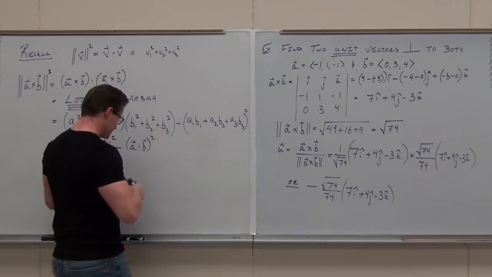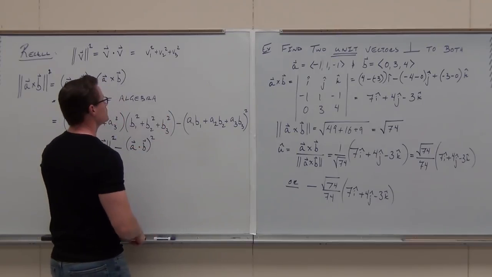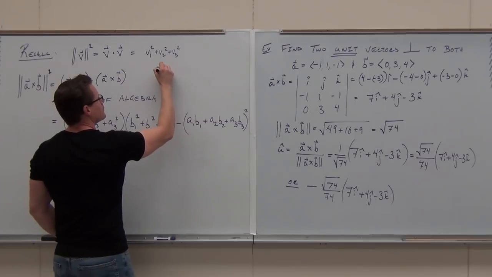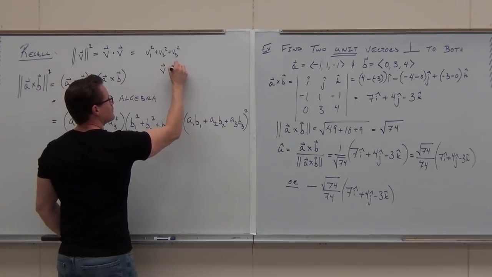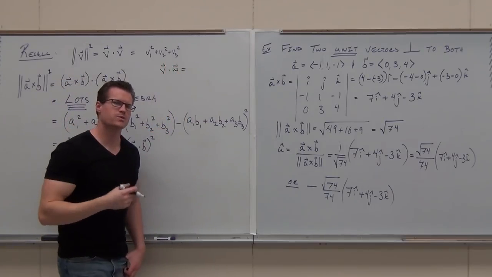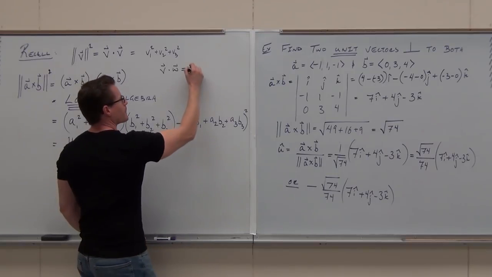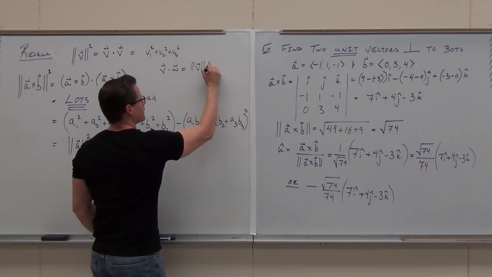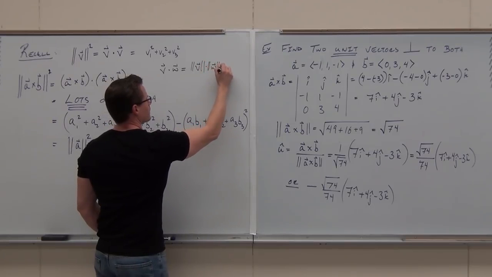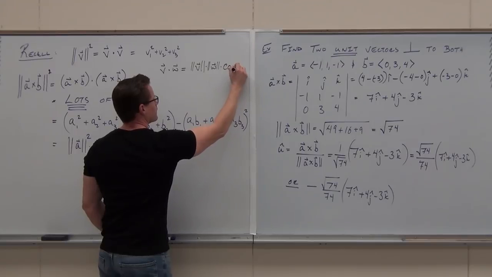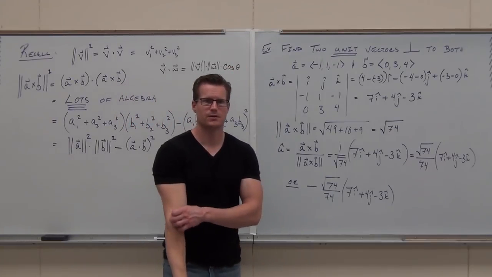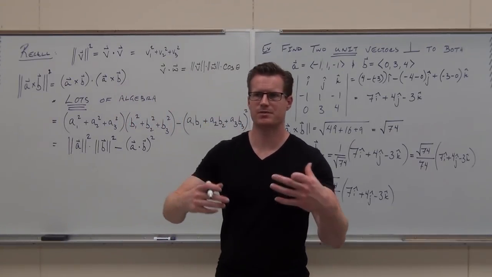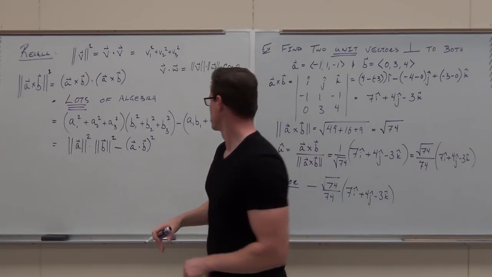Do you recall that one of the ways we could do a dot product was that? You recall that? We got magnitude times the cosine of the angle between them.